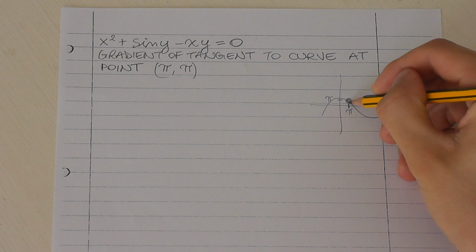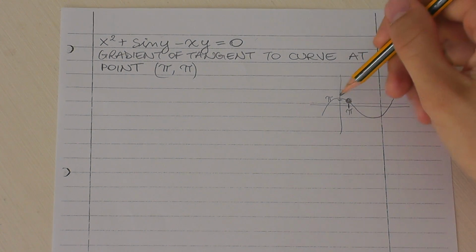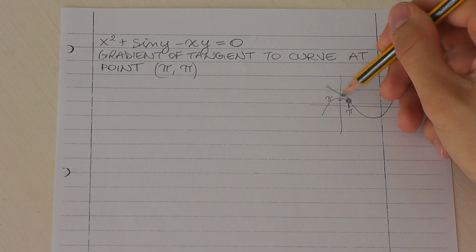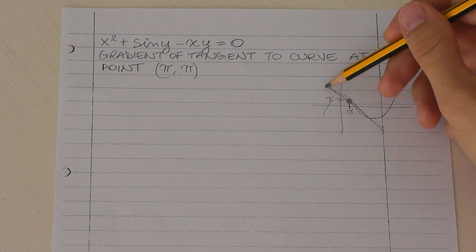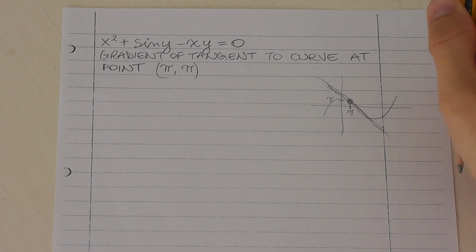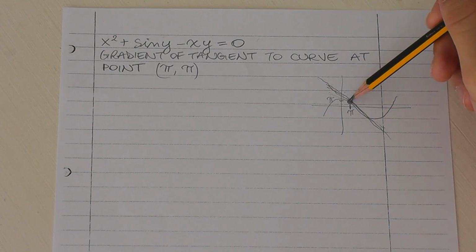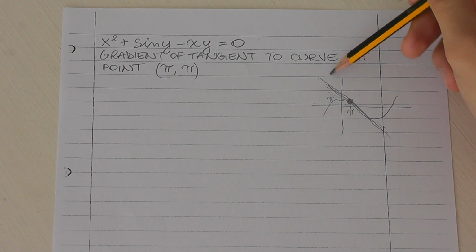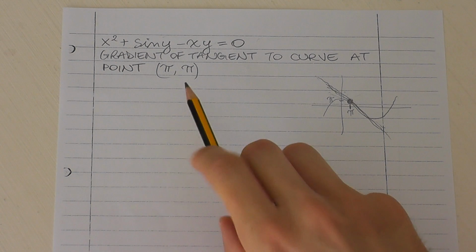And so at this particular point on the curve, there is a tangent, right? Tangent comes from Latin, it means touching. It is touching the curve at this point, and the tangent has the exact same gradient as the curve at this point.